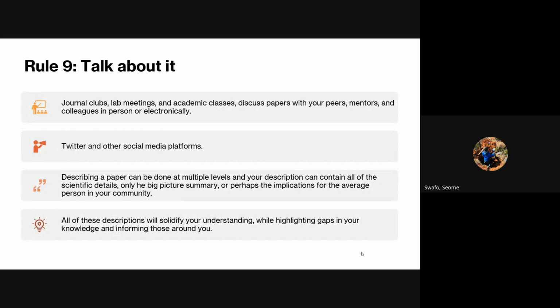You can meet them in person, or you can set up a meeting where you talk about what you are reading with them. And even nowadays we see that social media is no longer about social, but people talk about research, they talk about what they're actually reading, what they're actually up to.